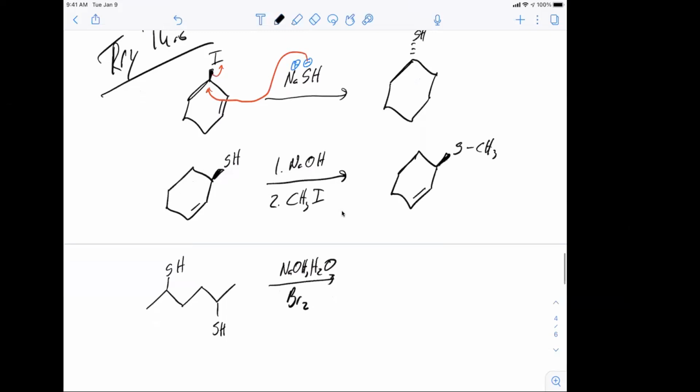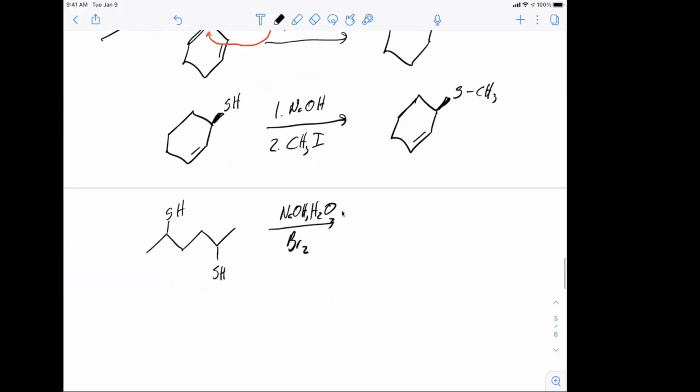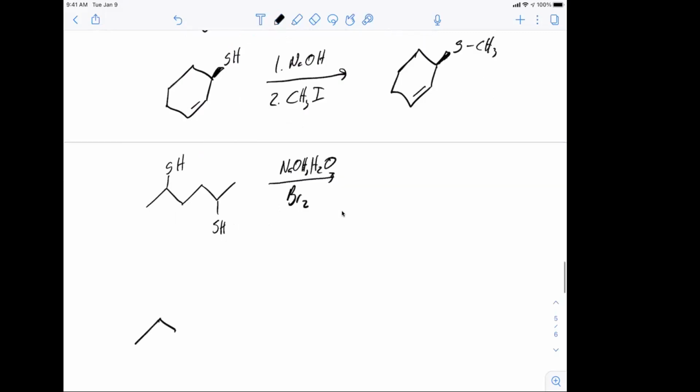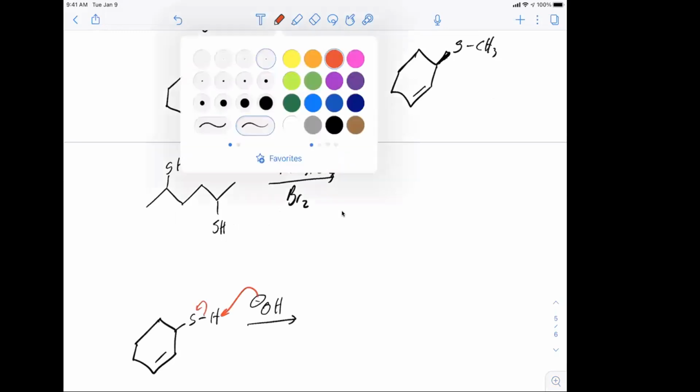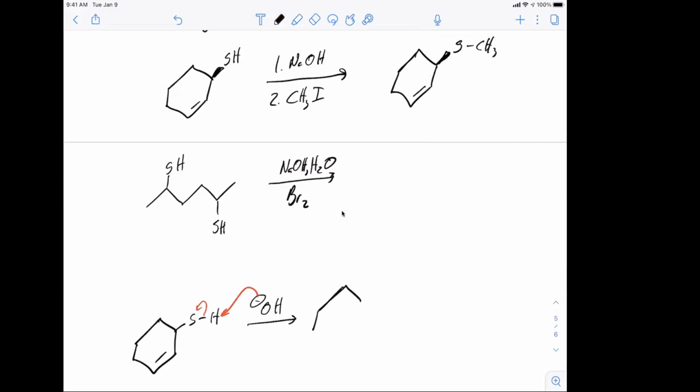And for this one, let's break this down so you understand why we didn't get inversion here. So if we look at our mechanism, the first step is going to be deprotonation. We get the deprotonation there. So we haven't changed, let me put the stereochemistry. So we didn't do a reaction at the chiral carbon.